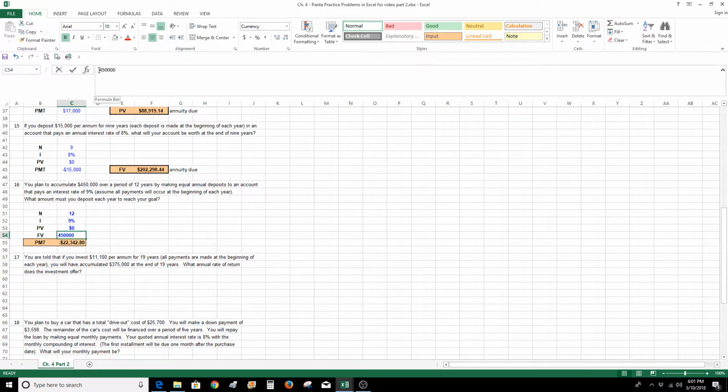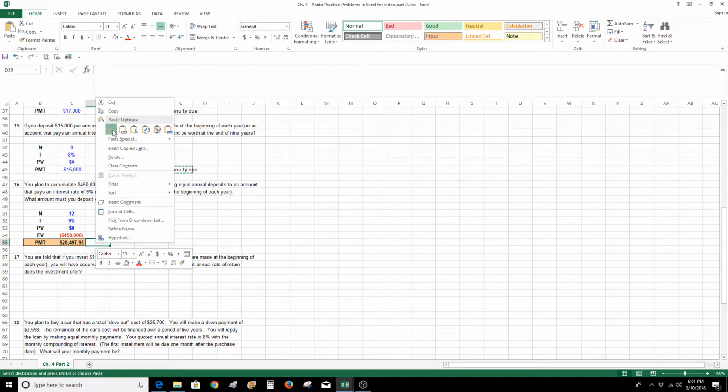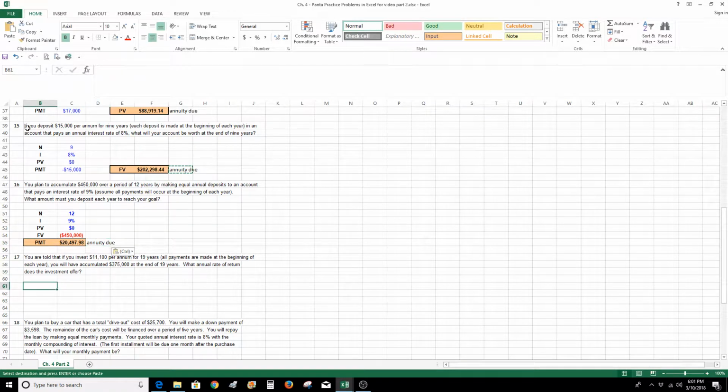So I'm going to change that to be negative. I want this to be an annuity due. So that's telling me that my payment is $20,497.98. And I'm just going to move that so that we know that that's an annuity due.